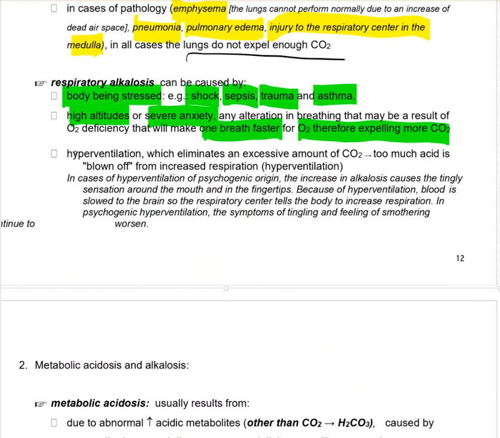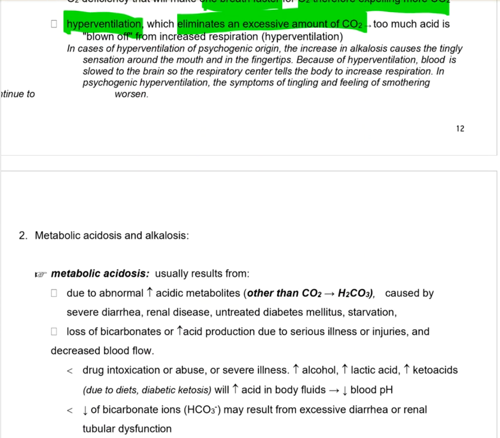So in hyperventilation, we're going to eliminate an excessive amount of CO2 because too much acid gets blown off, right? And there's a little bit of description here about the feelings that sometimes we experience when that's happening.